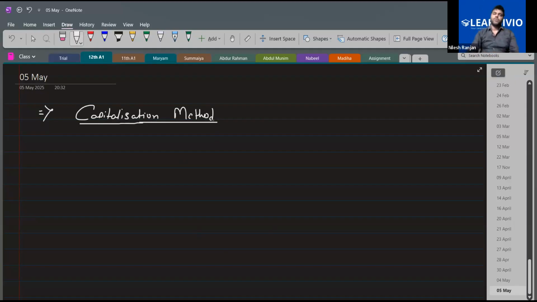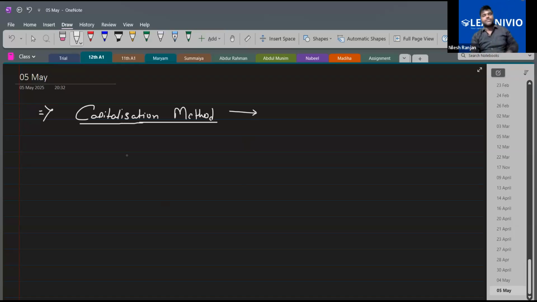Capitalization method. Now, capitalization of average profit or capitalization of super profit. There are two concepts here. So the answer will be the same in both of these methods. Generally, we use capitalization of average profit.